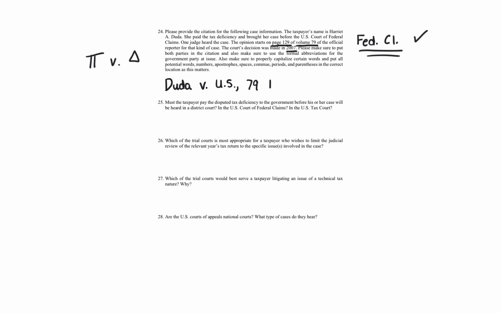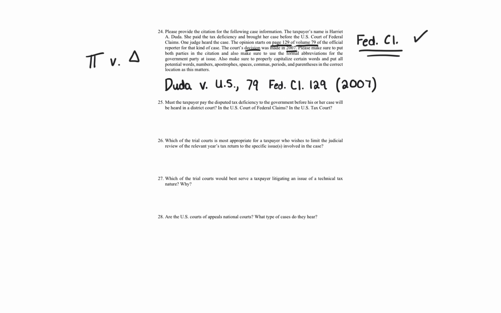So it's going to be capital F, E, D, period, space, capital C, lowercase l, period, space. And then we do the page, which is page 129. Space, and then we finalize it with the date of the decision. So the decision was made in 2007. So space, 2007, and we are done.